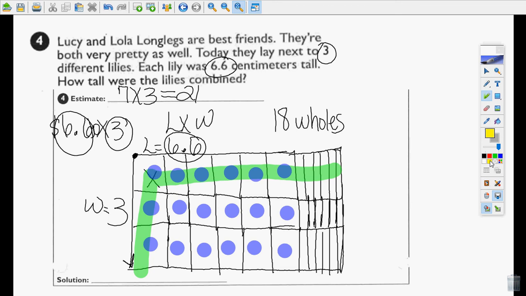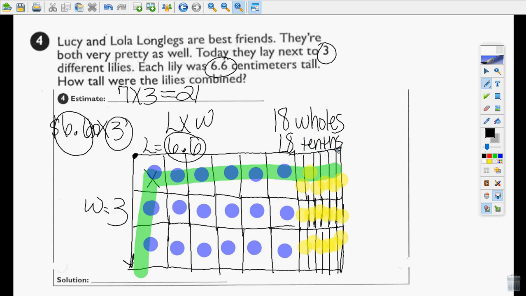All right, so here's 1 tenth, 2, 3, 4, 5, 6, 7, 8, 9, 10, 11, 12, 13, 14, 15, 16, 17, 18. I have 18 holes and I have 18 tenths. I'm just going to write that down real quick. 18 holes and 18 tenths.